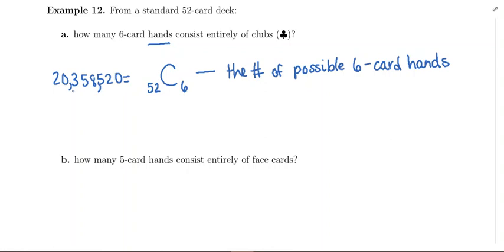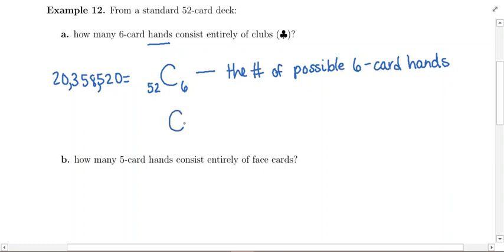Now we're looking at this restriction. We still want to deal with 6-card hands, but they can only contain clubs. So we expect the number of hands that meet this criteria to be much less than this number. All right, so let's talk about how you would actually do this.